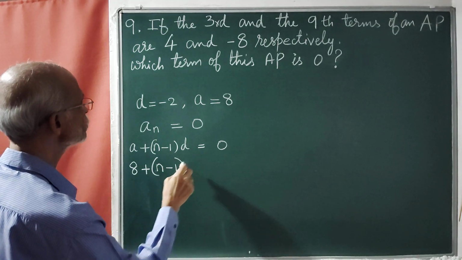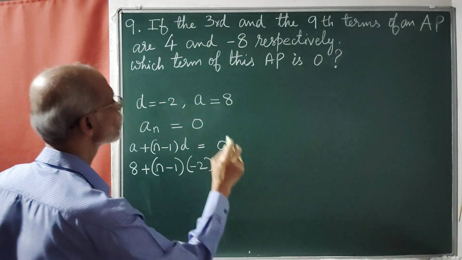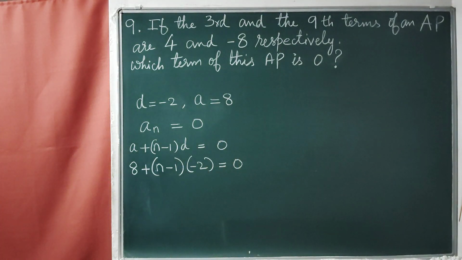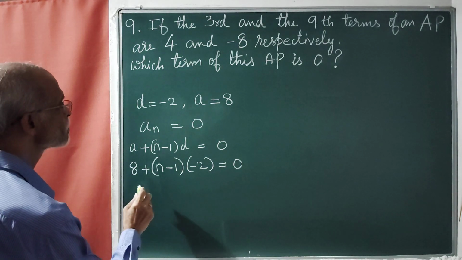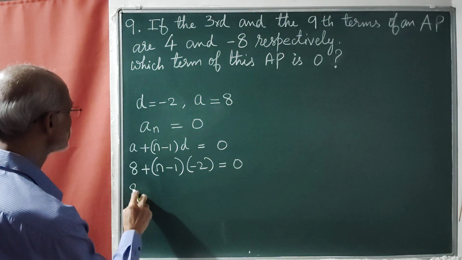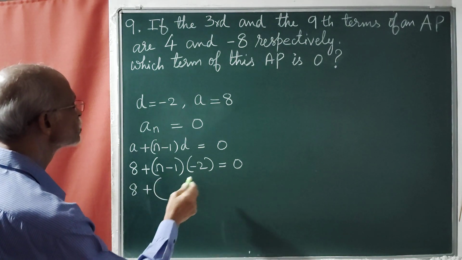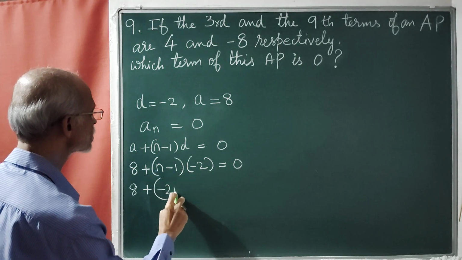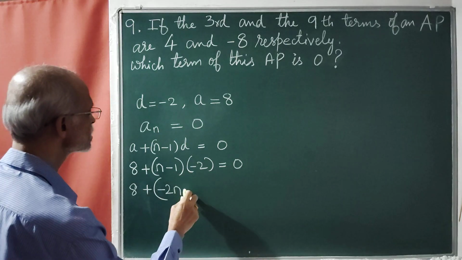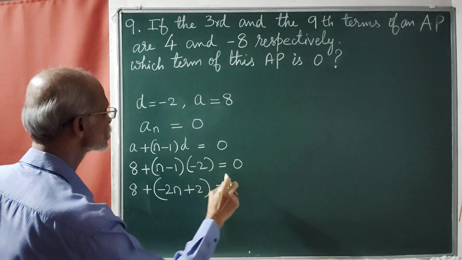So 8 plus n minus 1 into minus 2 is equal to 0. So now 8 plus, minus 2 into n is minus 2n, minus 2 into minus 1 is plus 2, is equal to 0.